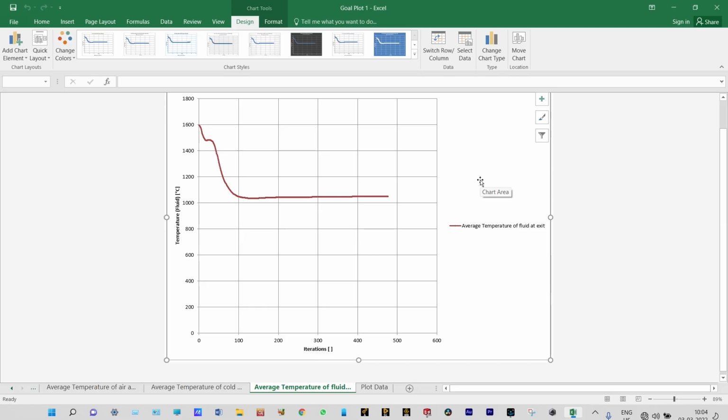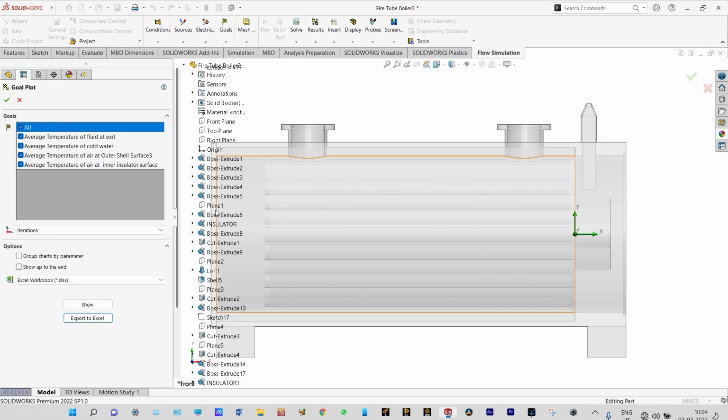Initially cold water temperature was 30 degrees centigrade and finally it has come to approximately 75 degrees centigrade. In the same way, the flue gas had a temperature of 1600 degrees centigrade. It has come down by a huge amount, and final temperature of this one is actually 1047.52 degrees centigrade. Let us close it.